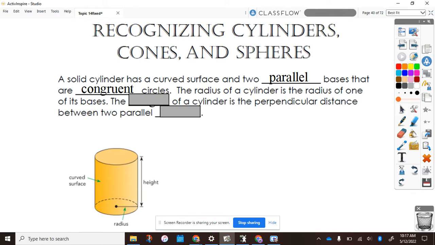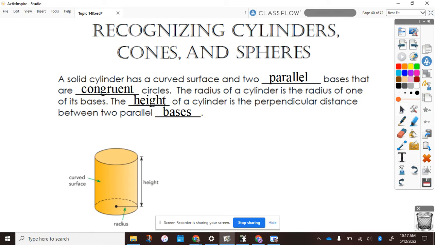The radius of the cylinder. There are two things when we talk in the next lesson about the formulas for how to find the volume and surface area of a cylinder. The two things you're going to use the most are the radius and the height. The radius of the cylinder is the same as the radius of the base. The height is the perpendicular distance in between those two parallel circular bases.